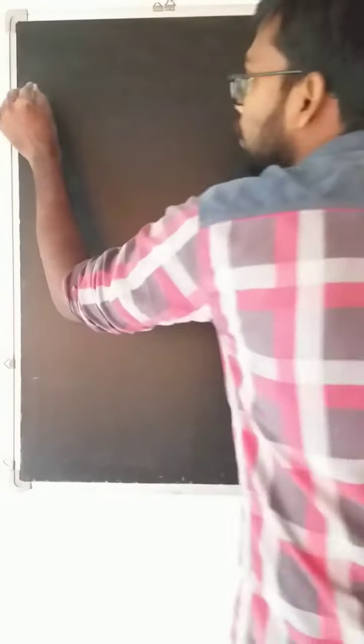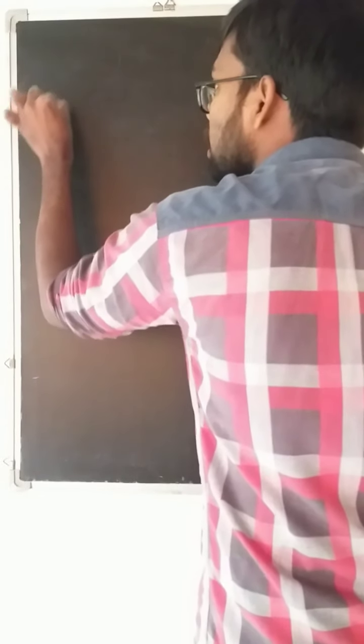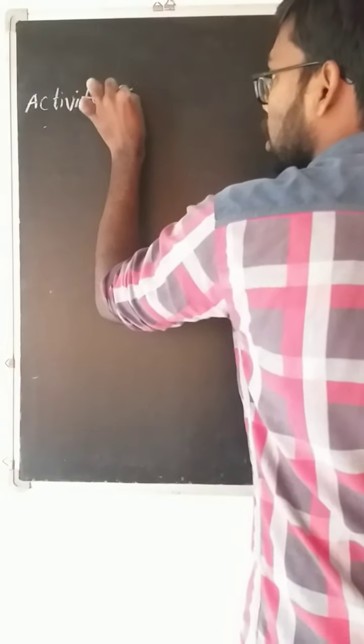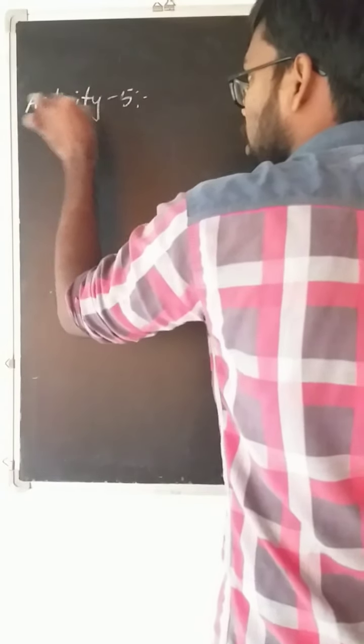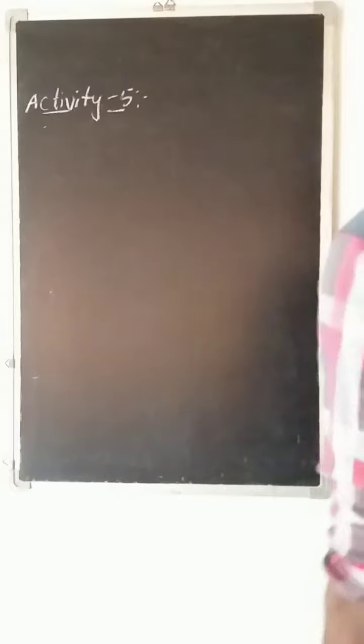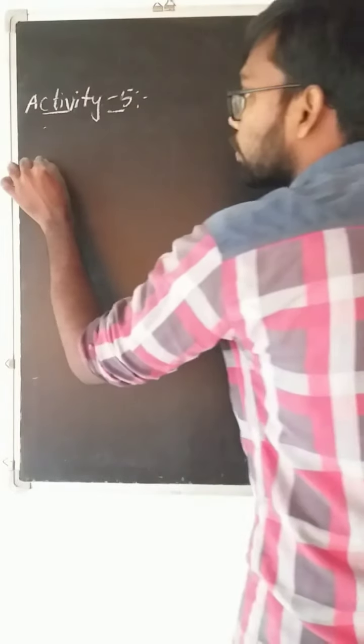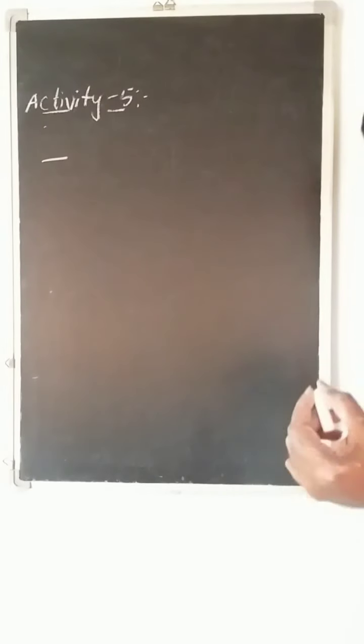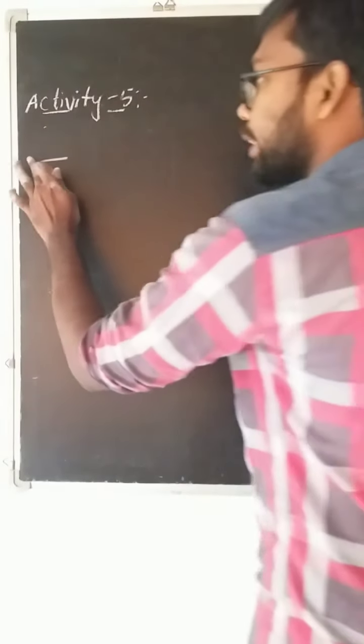That is activity number 5. In activity 5, consider a foam sheet or thermocol sheet or a rubber slipper.